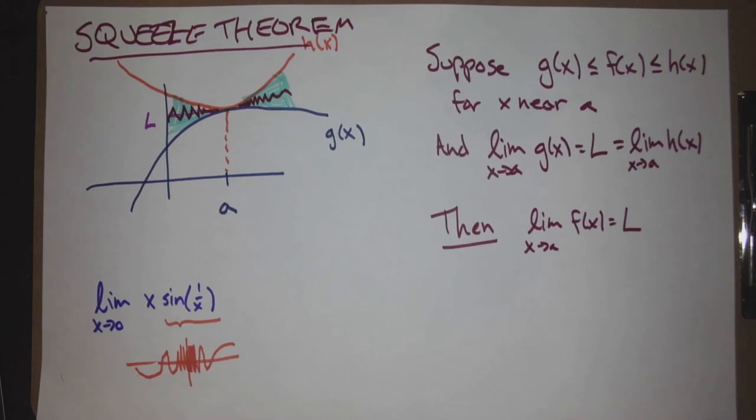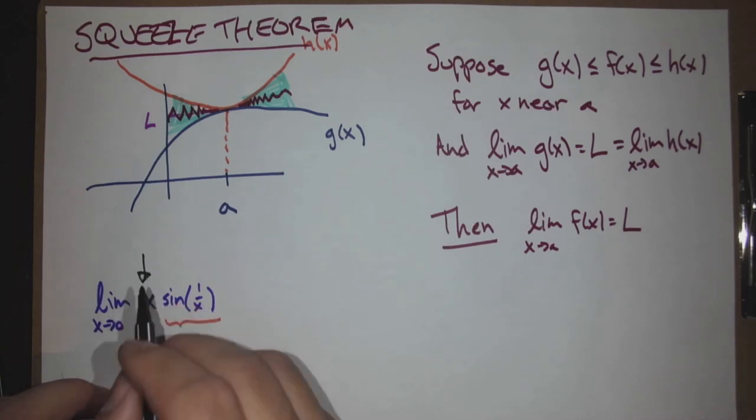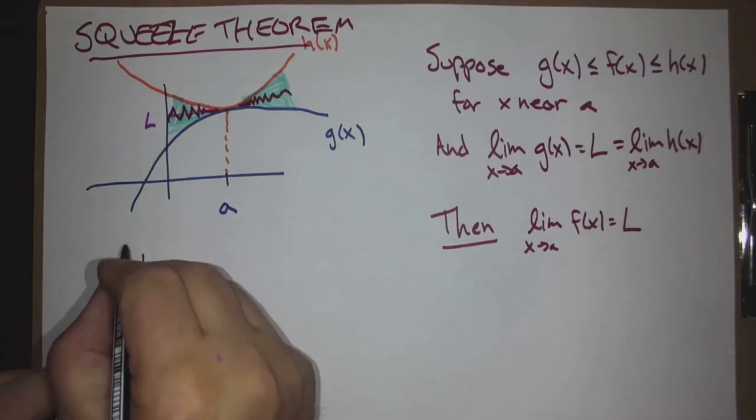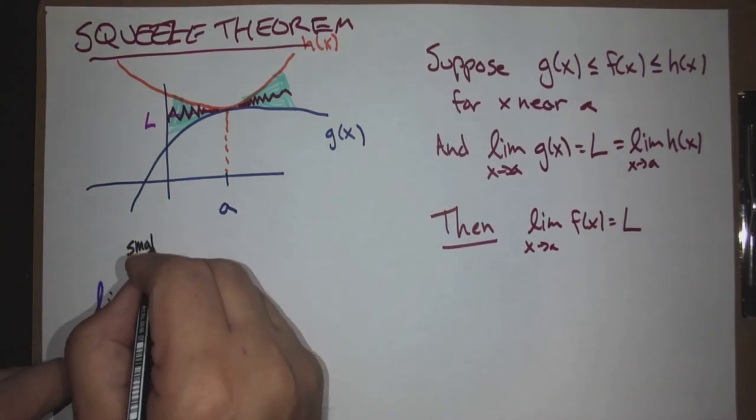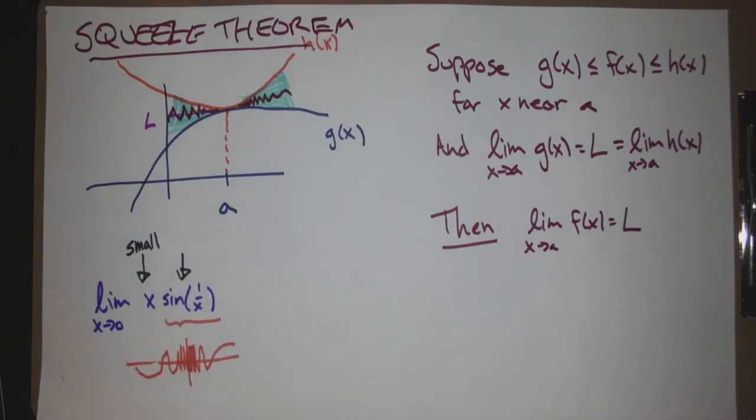Well, let's talk about our intuition. What's happening to x as x gets close to 0? It gets small. This is important information. Small. What's happening to sine 1 over x? Well, it's moving up and down.